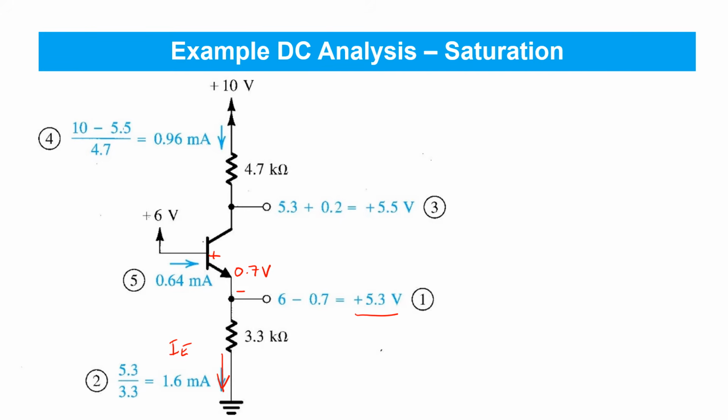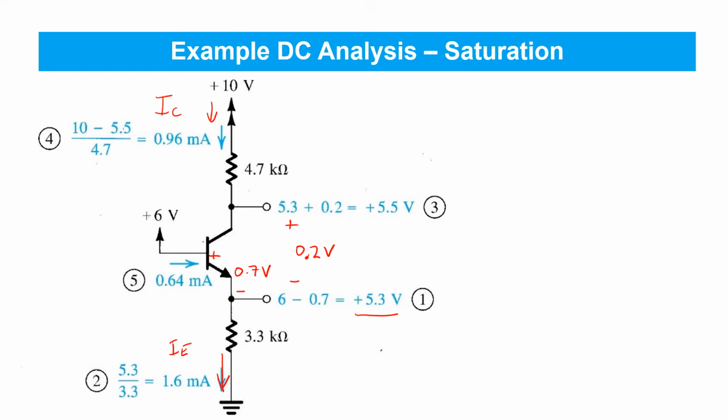But now what's different is that we no longer assume that the collector current equals the emitter current, or 0.99 times the emitter current, because in saturation we have a forced beta that's less than the constant gain beta of the BJT in active mode. We don't know what beta forced is. We have to calculate it. But instead, what we do know in saturation is that this voltage drop is about 0.2 volts. So that's the second piece of our model that allows us to proceed in the analysis.